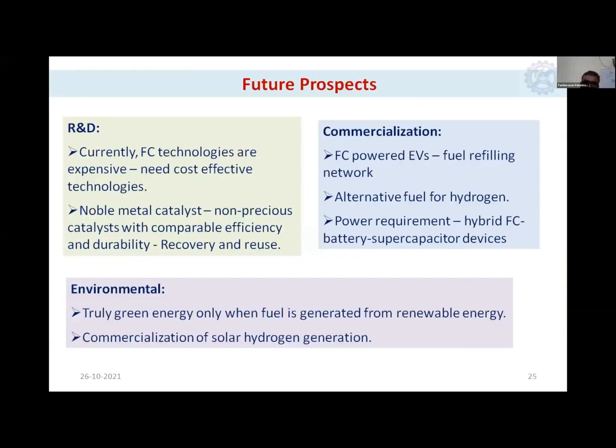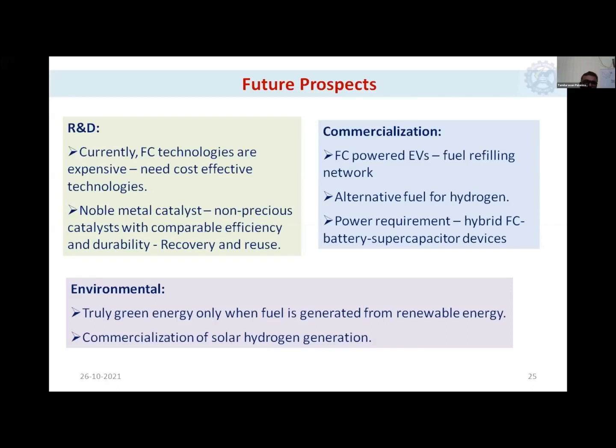And from my perspective, the future prospects of the development will be on the R&D side. The fuel cell technologies are expensive now, so obviously we have to reduce the cost. Reducing cost includes the cost of hydrogen production and the cost of fuel cell fabrication. All these things have to be reduced.